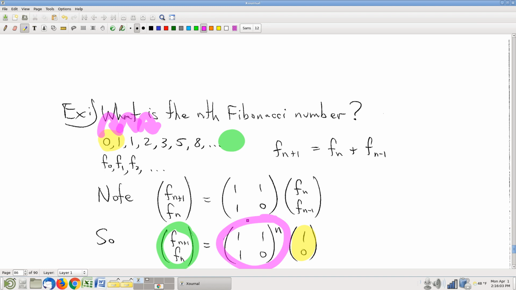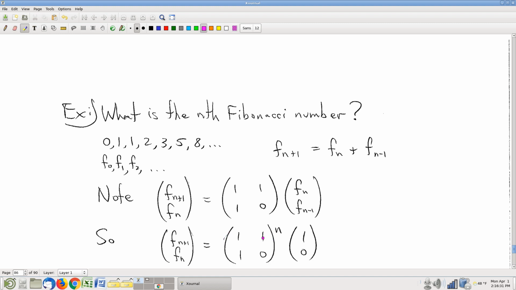Said differently, I can compute an arbitrary Fibonacci number by raising this matrix to the power of n. And we just got through talking about that on the previous page. If I want to raise a matrix to the power of n, you just have to find the eigenvectors and the eigenvalues, diagonalize, and celebrate, pretty much.